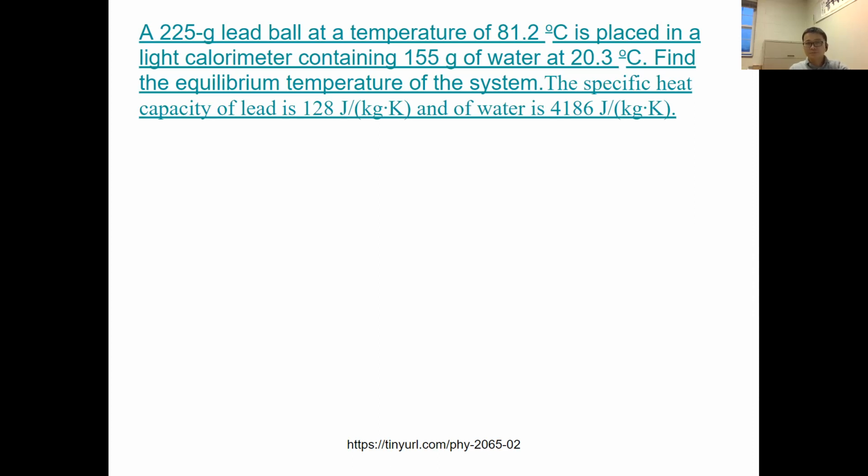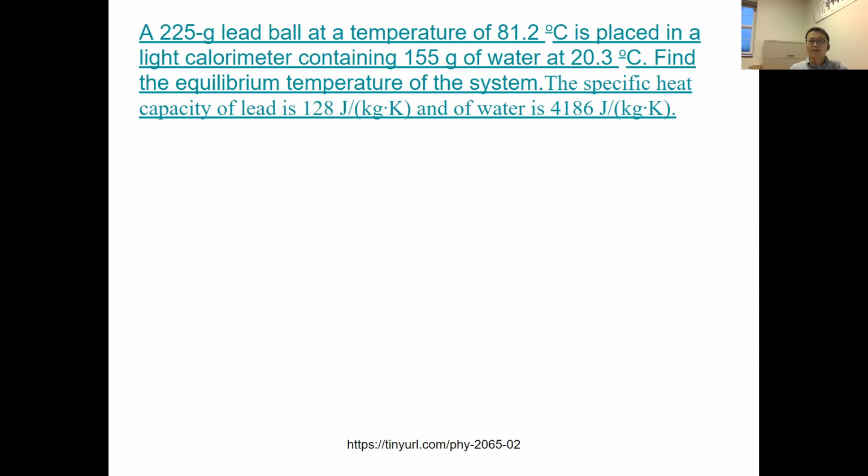So for example, this one says you have a 225 gram lead ball at a temperature of 81.2 degrees Celsius placed in a light calorimeter containing 155 grams of water at 20.3 degrees Celsius.